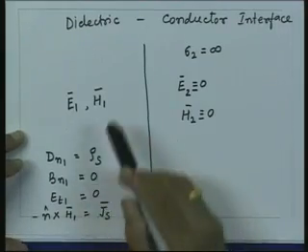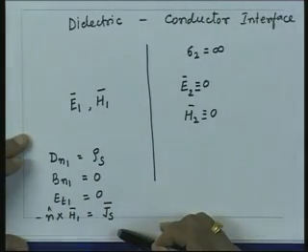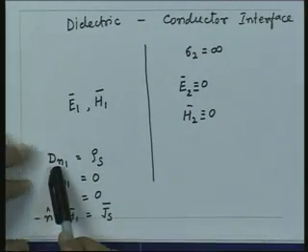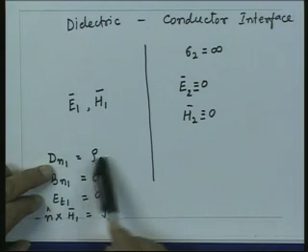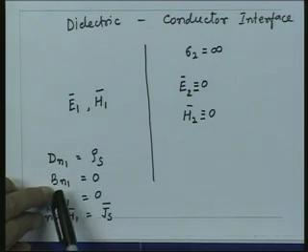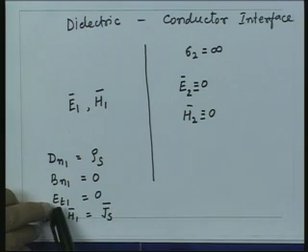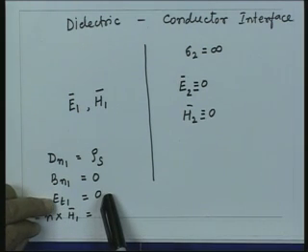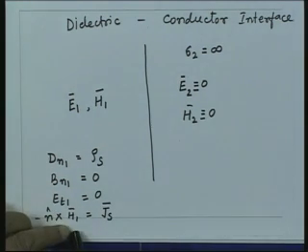And in the situation when there are no surface charges and surface currents, the normal component of the displacement vector is 0, the normal component of the magnetic flux density is 0, the tangential component of the electric field is 0, and the tangential component of the magnetic field is also 0 because there are no surface currents.